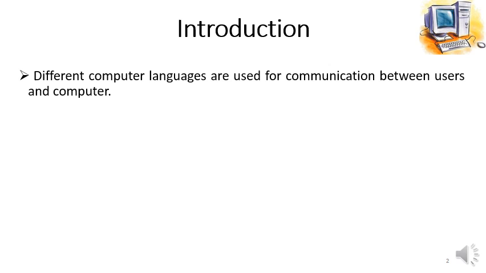If we want to communicate our requirements, our commands, our needs to the computer, the only way to do this is using any computer programming language. Those are called computer languages. Different computer languages are used throughout the world for programming, and those languages are used for communication between the users and the computer.